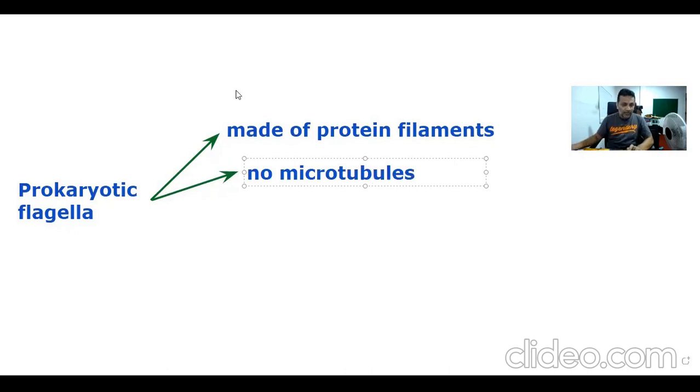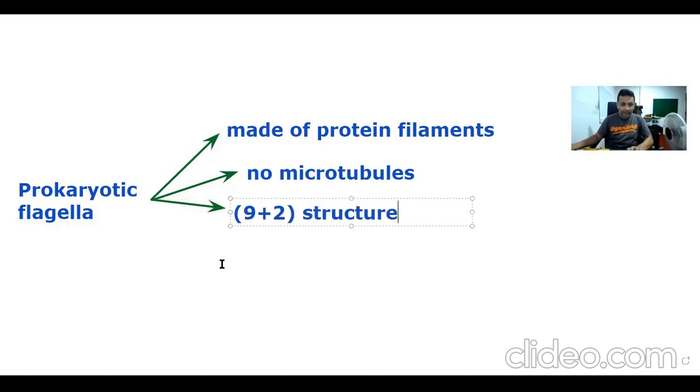In prokaryotic flagella, no 9+2 structure. In prokaryotic flagella, no membrane boundary.